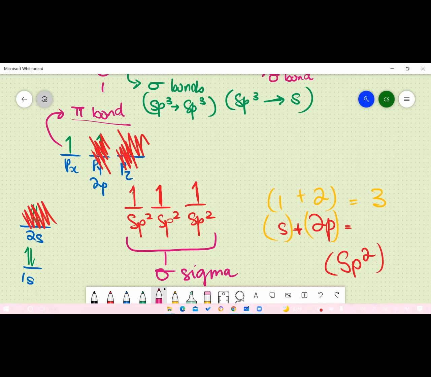Yes. So the unhybridized p orbital, the single p orbital that wasn't included in the degenerate set, forms the pi bond by overlapping with another p orbital from the other carbon that will bond to it.